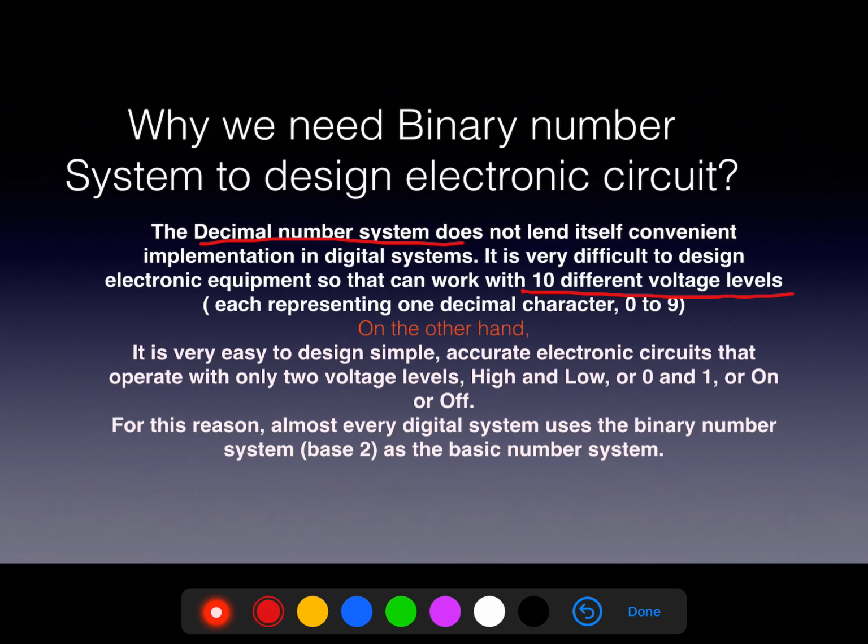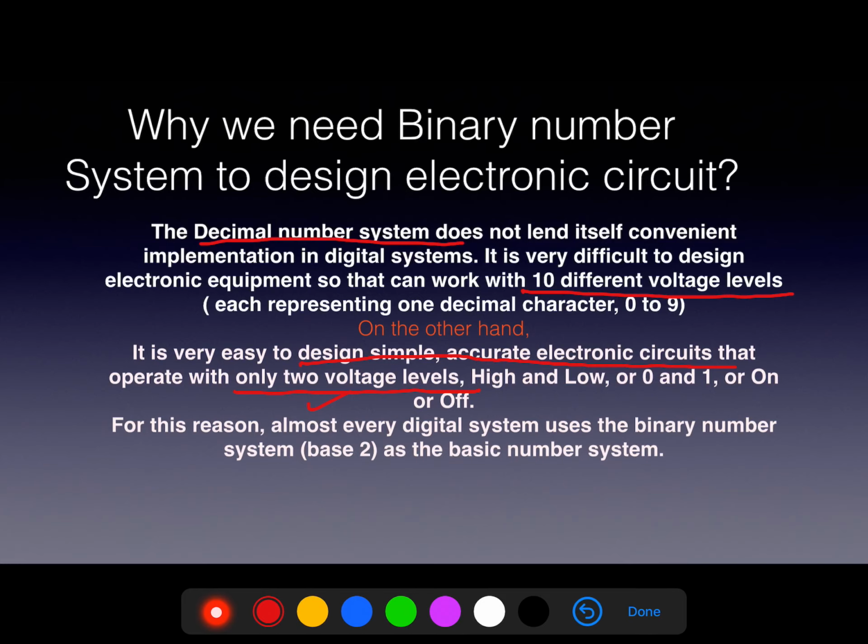So we would have to work with 10 different voltage levels, plus 5 millivolt or 0 millivolt or something like that. On the other hand, it is always easy to design an accurate electronic circuit when we have to deal with only two voltage levels.